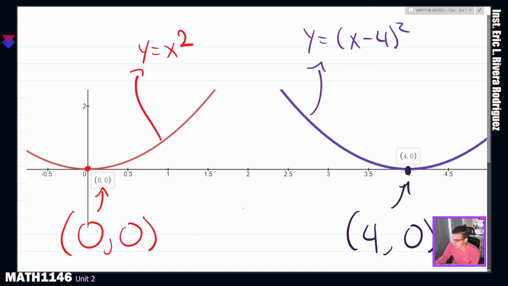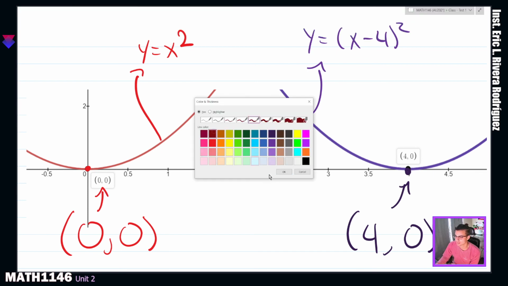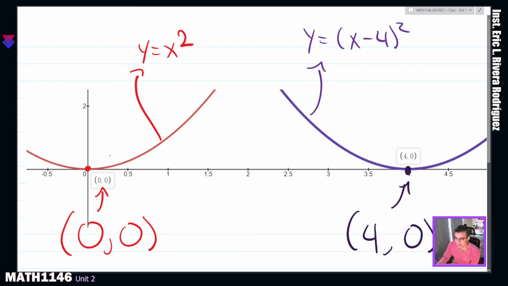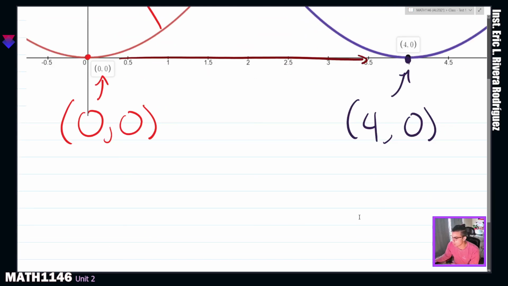4 and 0. Since we have a horizontal shift here, there is just a horizontal transformation. This point moved to the right. What is the difference between 0 and 4?